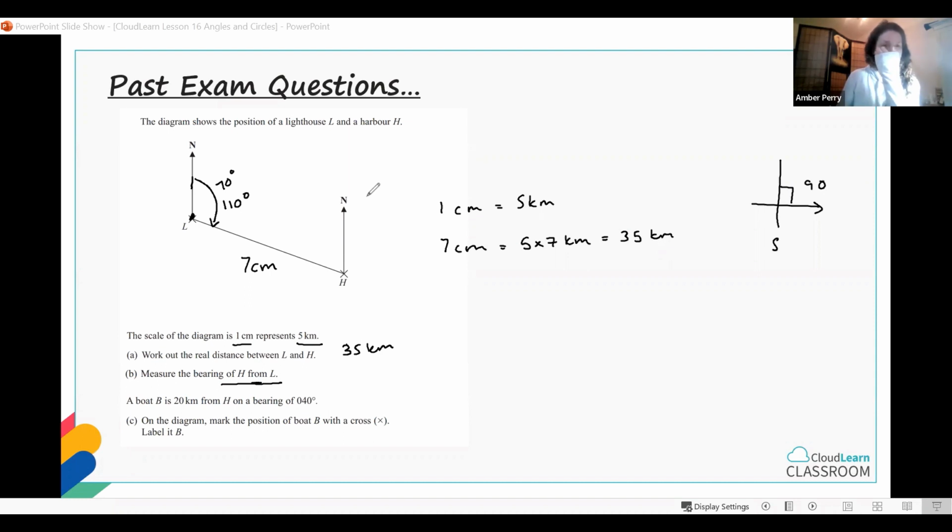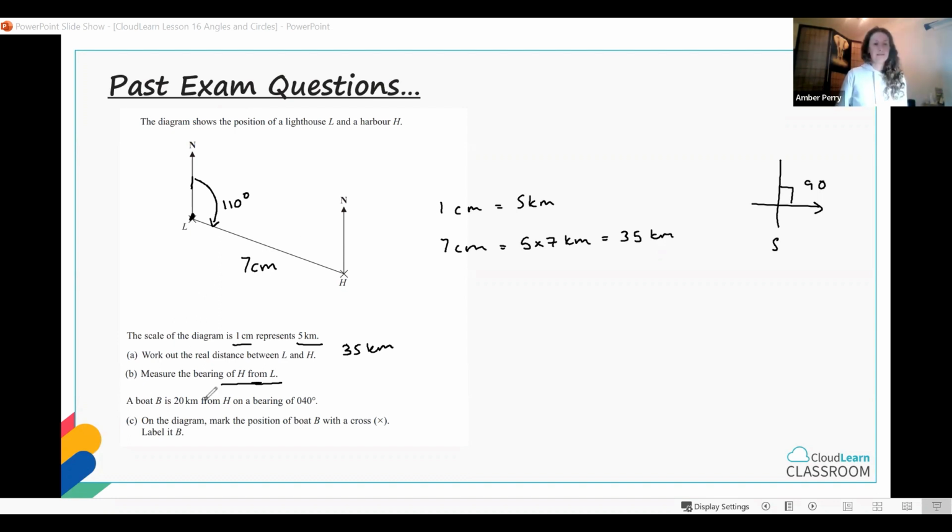It does say that it's not drawn to scale, but generally they're roughly how they should be. If you've measured it and it's coming up as 300 and something, it's definitely not right. You can see that that angle is between 90 and 180. So about 110 is about right. So use your estimating, but do measure it accurately.